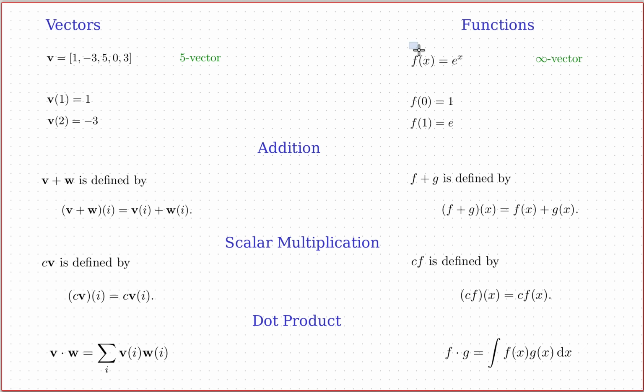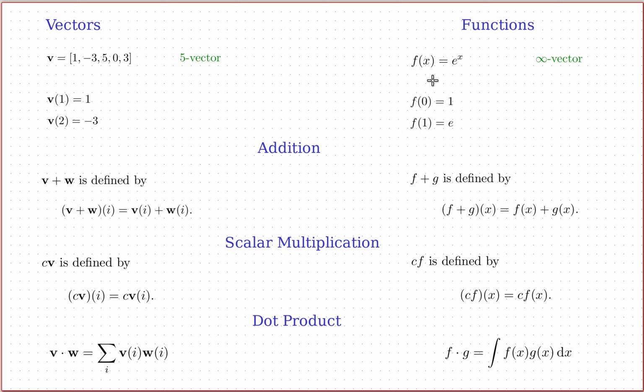Well, now I want to try to convince you that functions are very similar objects to vectors. So suppose we have a function like f of x equals e to the x. In a sense, this function also has components. That is, you can ask, what's the 0 component of f? You plug in 0 for x, you get 1. You can ask, what's the 1 component of f? e to the 1 is e, and so on.